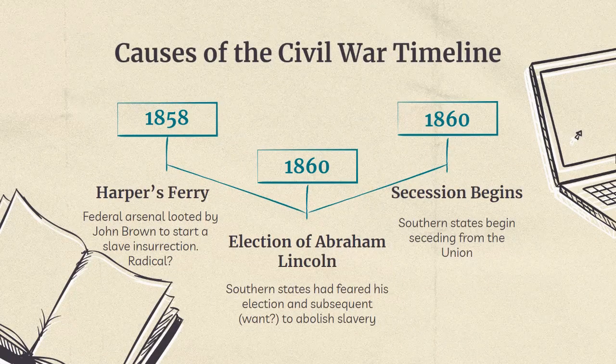Wrapping up the 1850s and heading into the year 1860, we get Harpers Ferry. This is a federal arsenal that is looted by John Brown. He had a goal to start a slave insurrection.